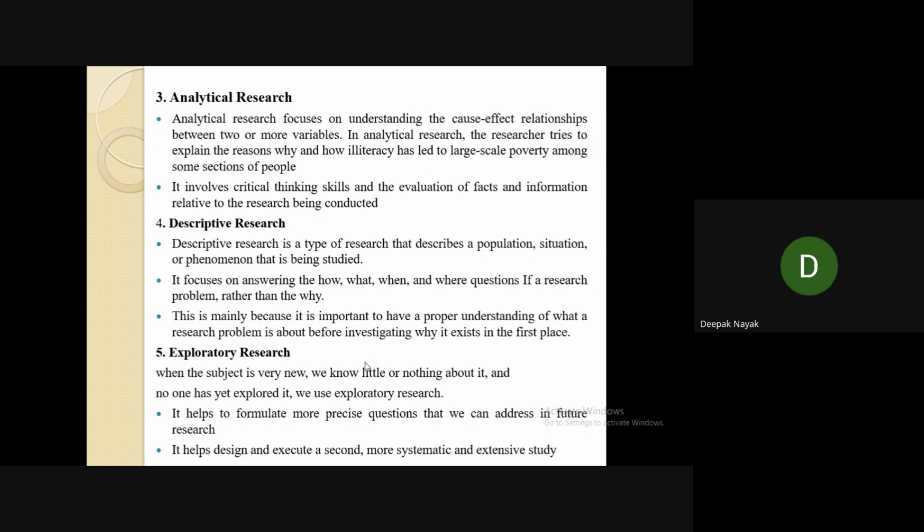That is descriptive research. Suppose you are investigating the status of dropout among Malawi children, indigenous children in Malawi.